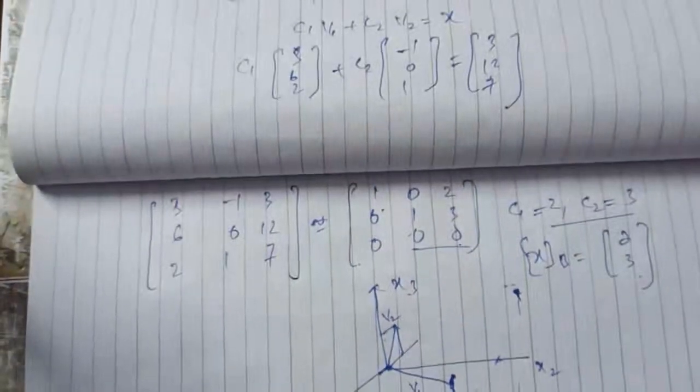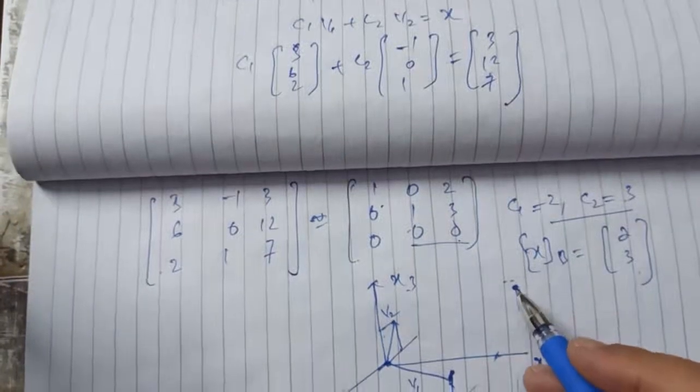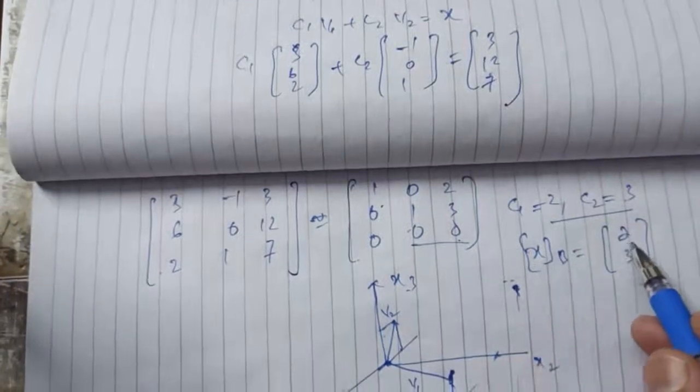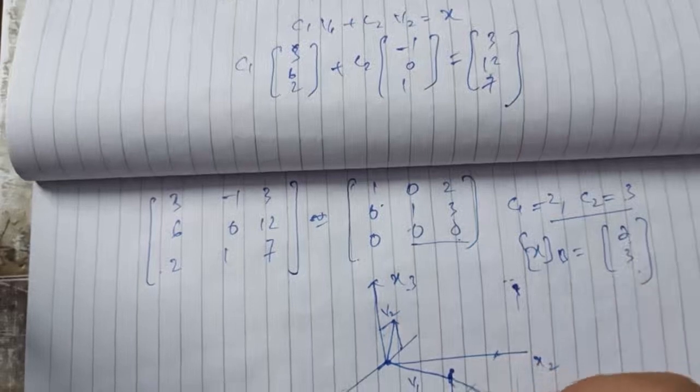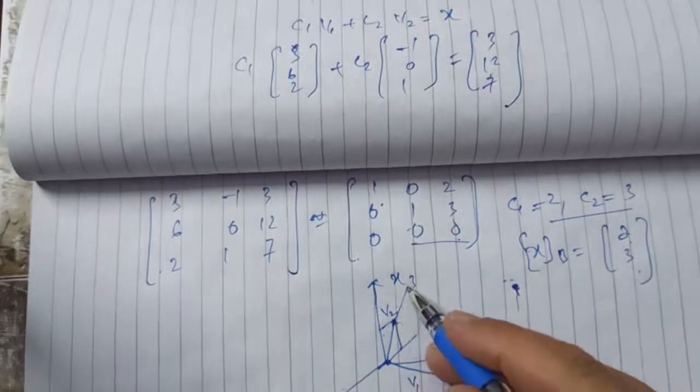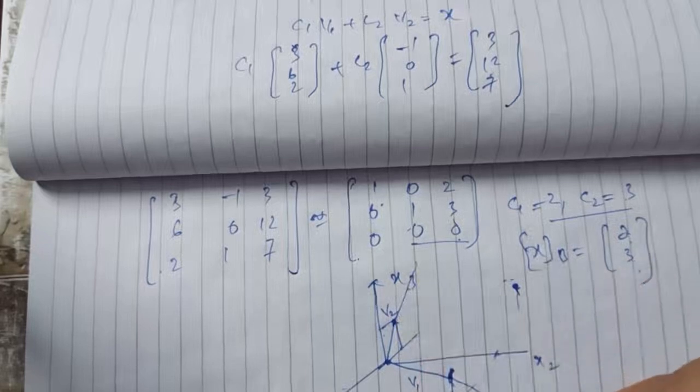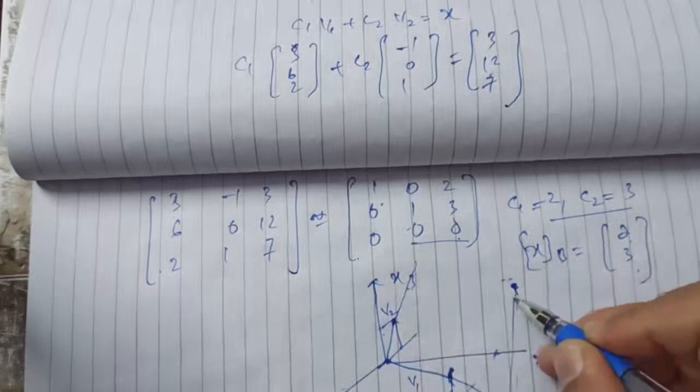Now in the case of the coordinate system relative to beta, we got 2 and 3, so we extended here, and we extended over here, and when we do that we find out that this is the point over here.